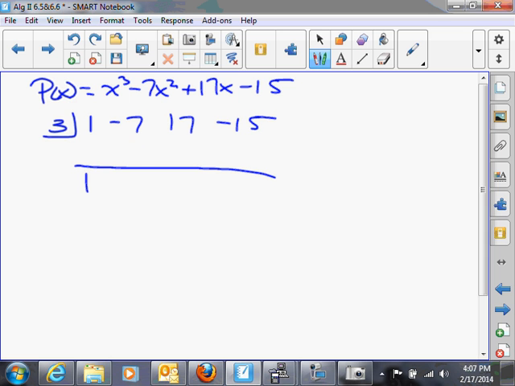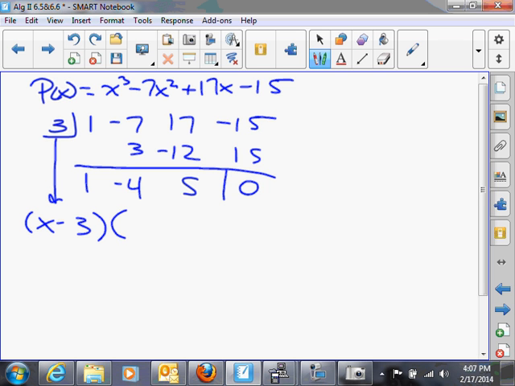And 1, 3, negative 4, negative 12, 5, 15, there we go, 0. So we get x minus 3 as a factor, that comes from here, and we get x squared minus 4x plus 5 as the other factor.